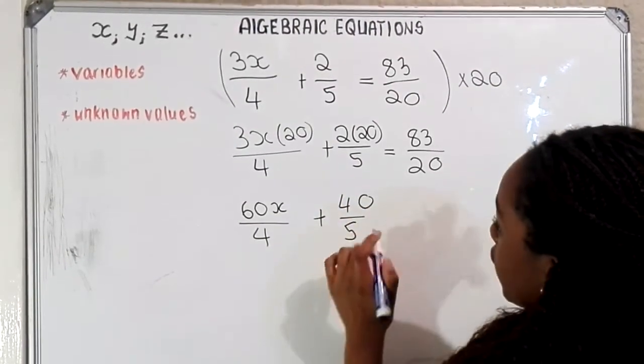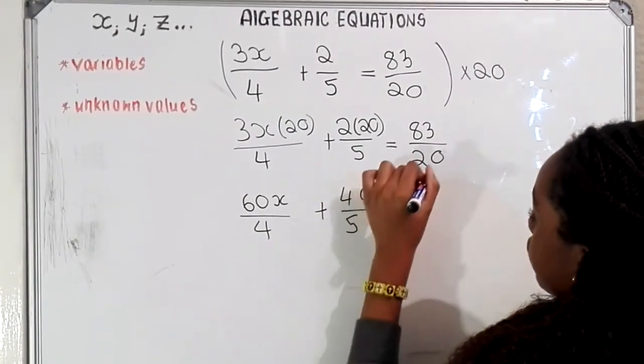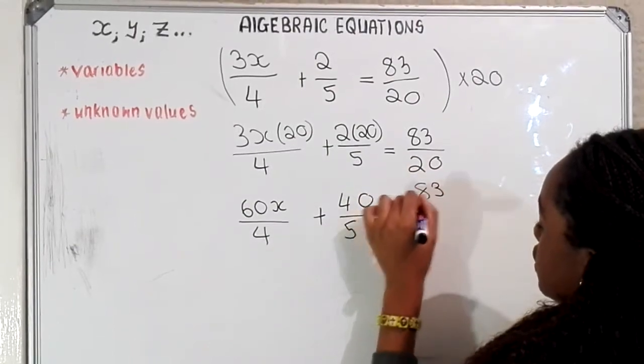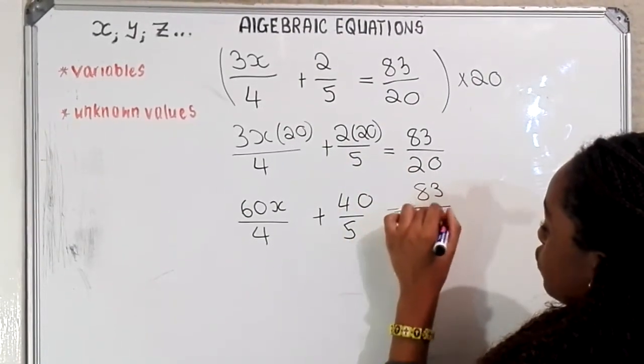And 83 stays the same as 83 over 20, okay?